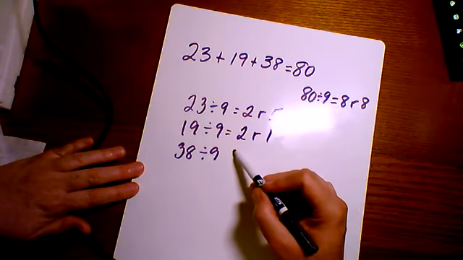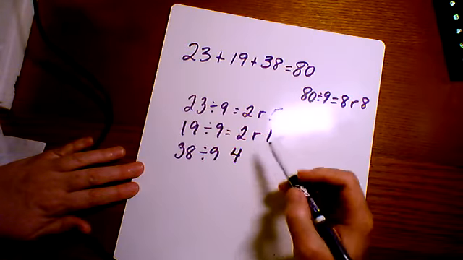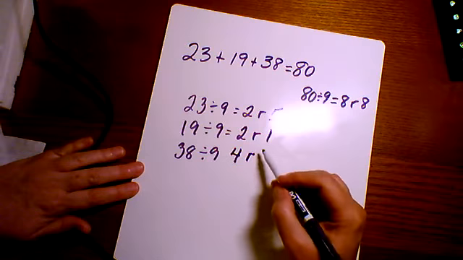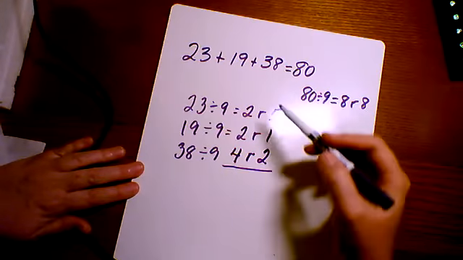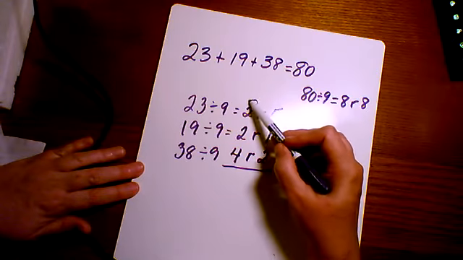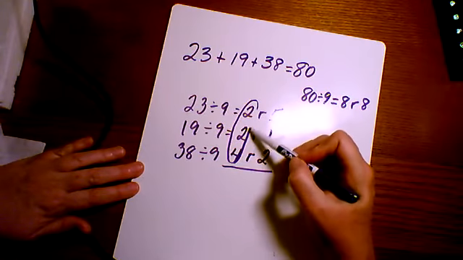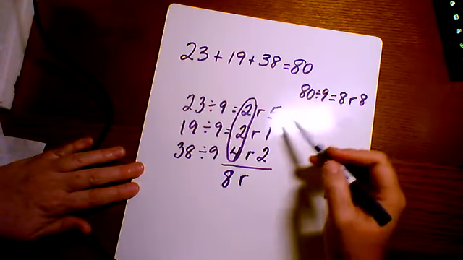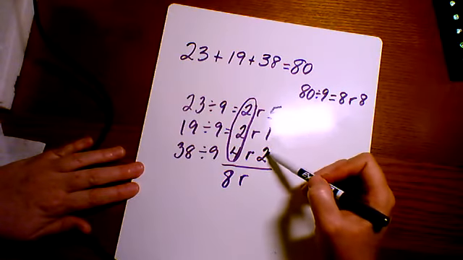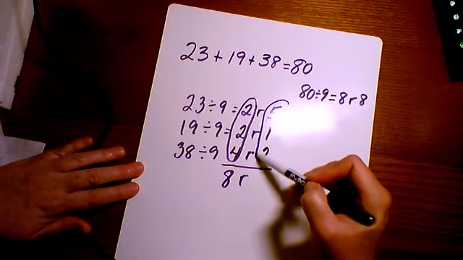And 38 divided by 9 is 4, remainder 2. So if you look at your quotients and add them all up, 2 plus 2 plus 4 equals 8. Now you look at your remainders, 5 plus 1 plus 2 also equals 8.